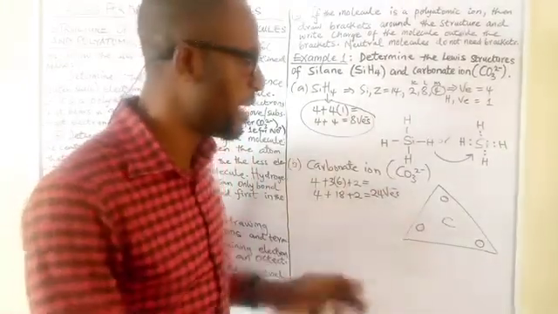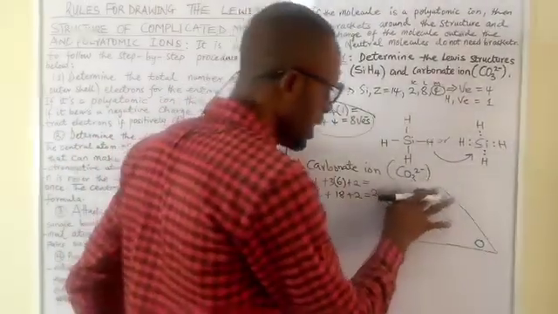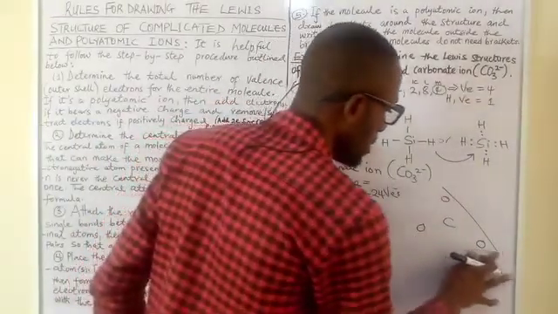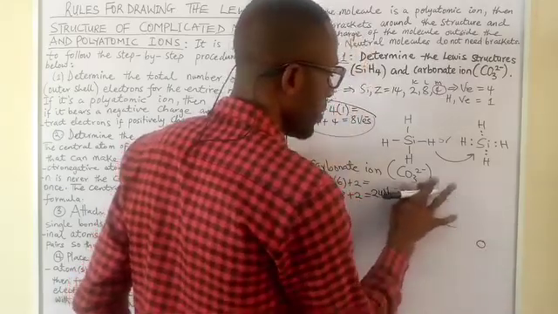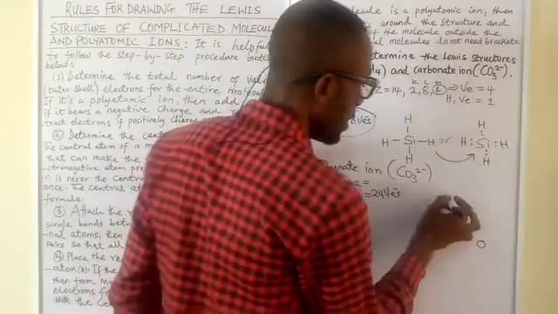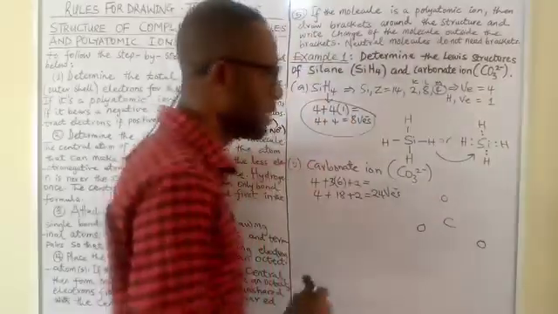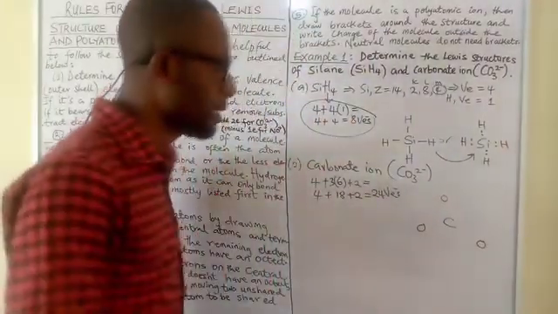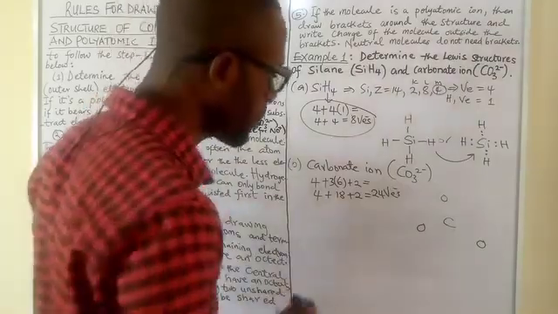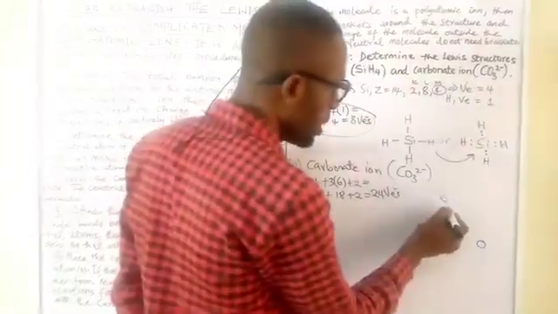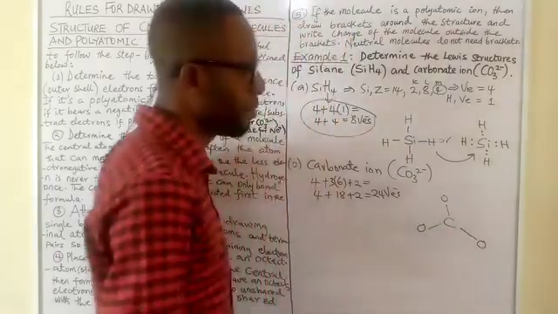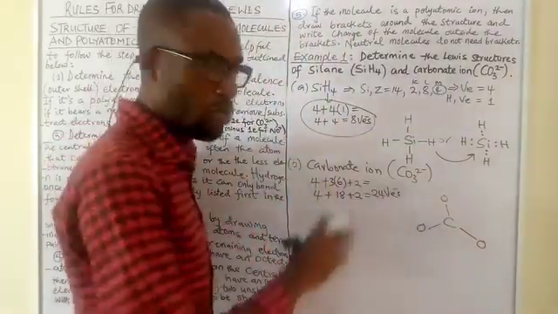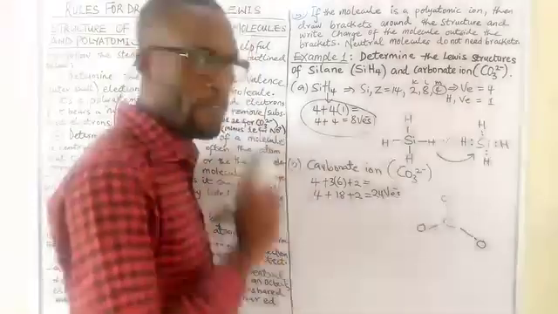That way you understand why we decide to use this triangular arrangement in terms of placing the terminal atoms around the central atom. You place it this way. When you have done that, the next thing we are going to do is remember to use a single covalent bond to join the terminal atoms to the central atom. Very, very critical.